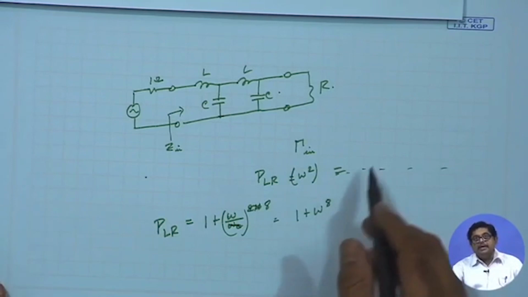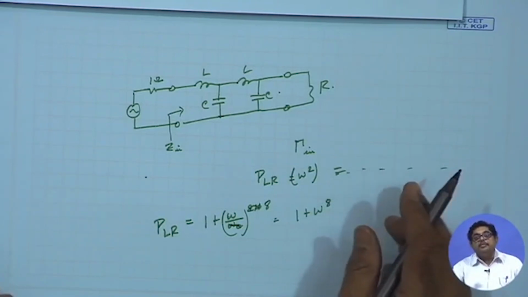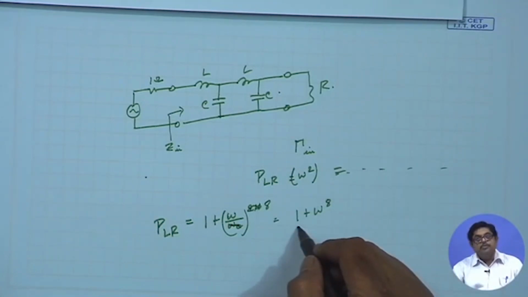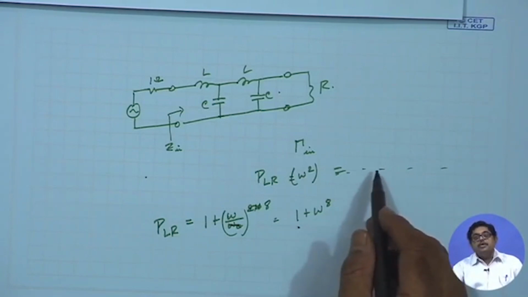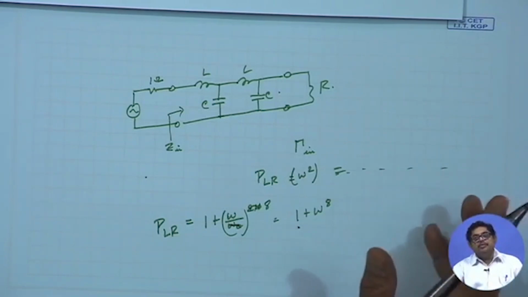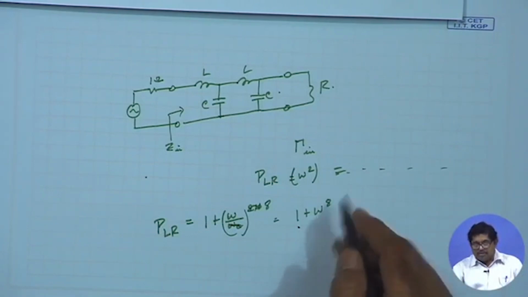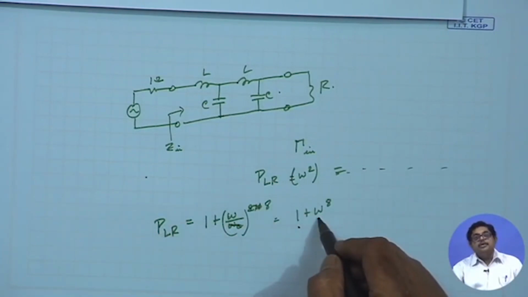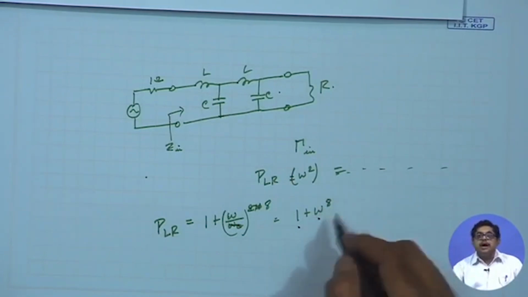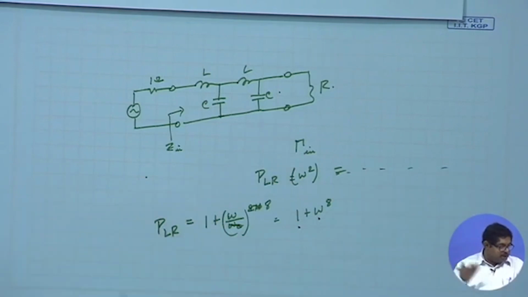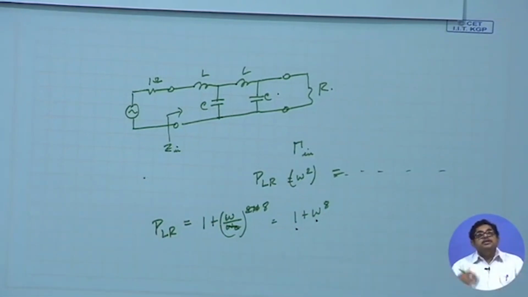You will see that the non omega term, the DC term, should be 1, and omega square, omega 4, omega to the power 6 will be 0, and the coefficient of omega 8 term should be 1. So, by that you can solve, but obviously you see this becomes a bit cumbersome.